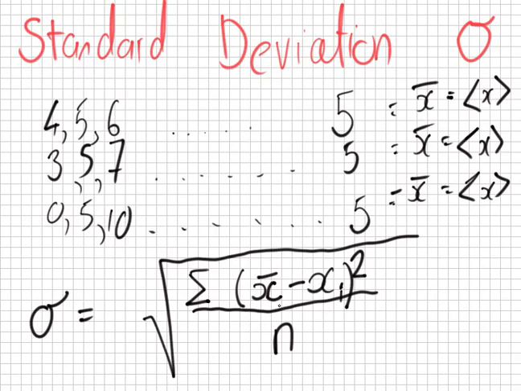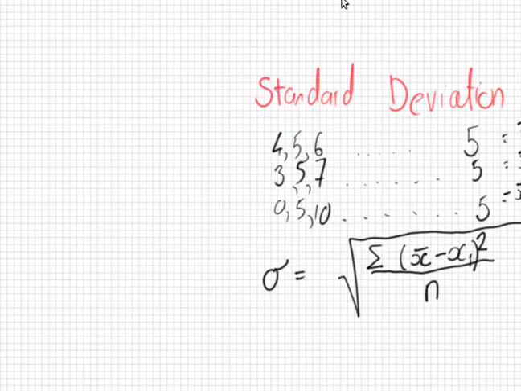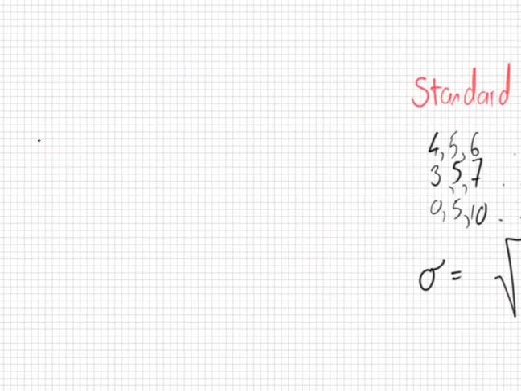Which one? X_i, meaning you go through each number one at a time. Let me give you an example here. In the first three numbers, I'll go to the left here. What's the average? 5. So first we do 5 minus 4. What's that? 1.